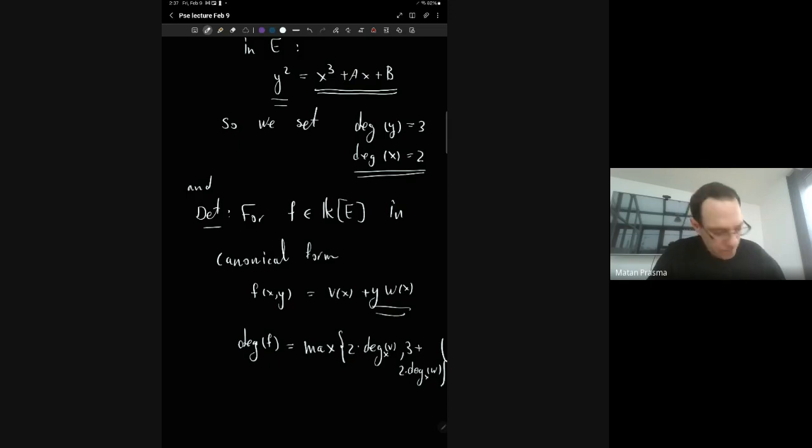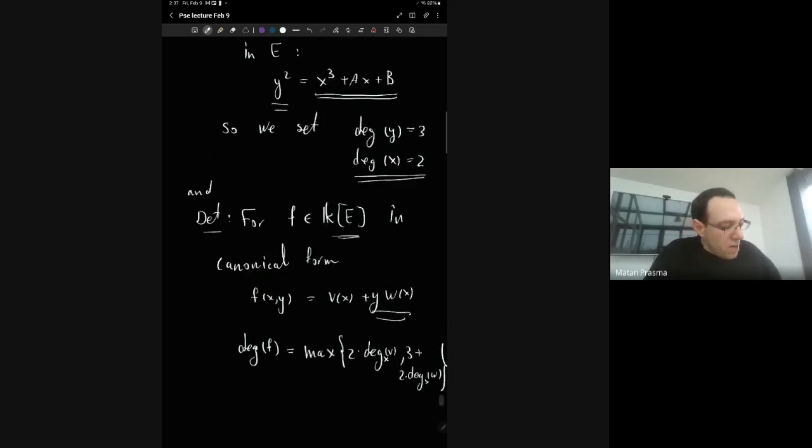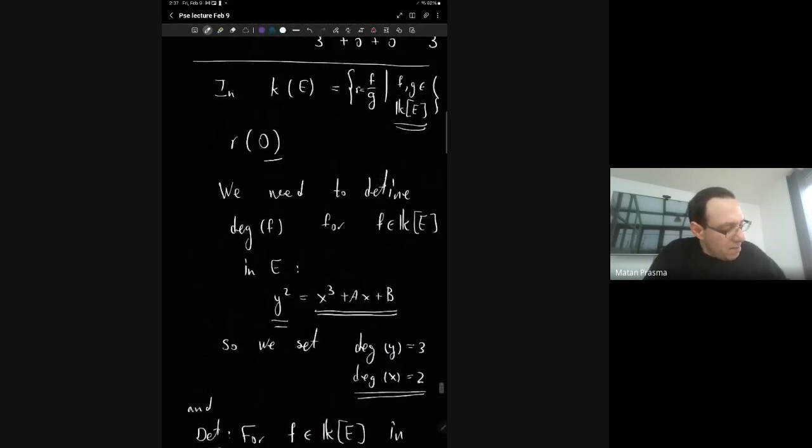I mean, because we have this relation on E. But now that I have the notion of degree, I can do what I did. I mean, I can define R of O just as I did in the one variable case.